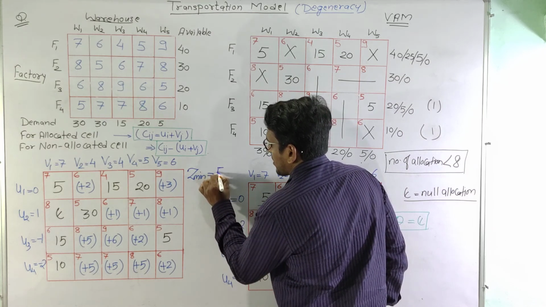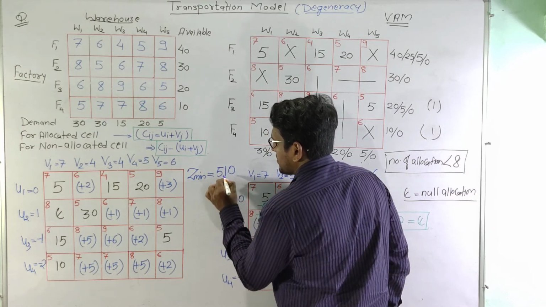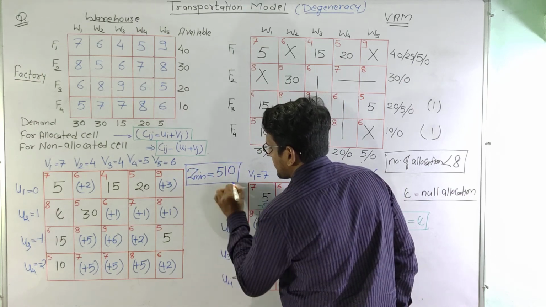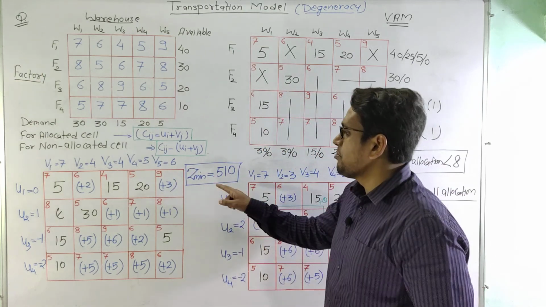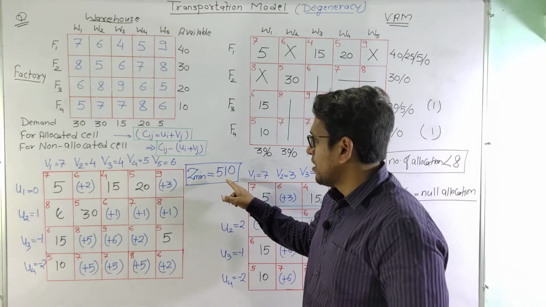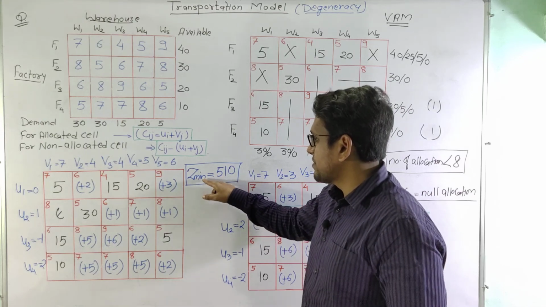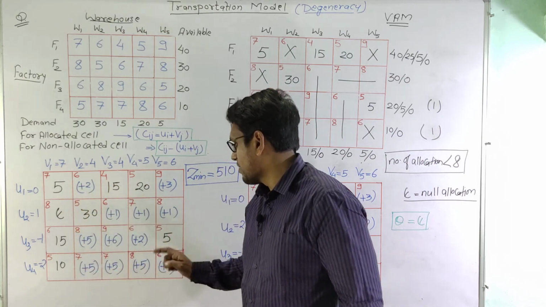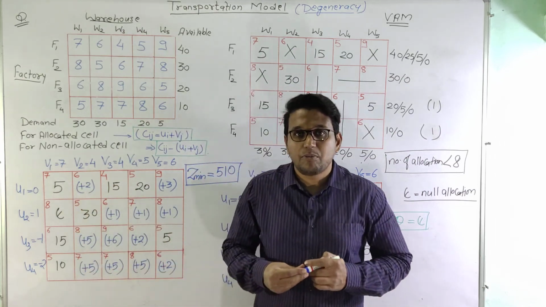So here our answer, the value of Z, is 510 rupees. So this will be the optimal minimum value of Z, and this is the optimal allocation for the given transportation problem.